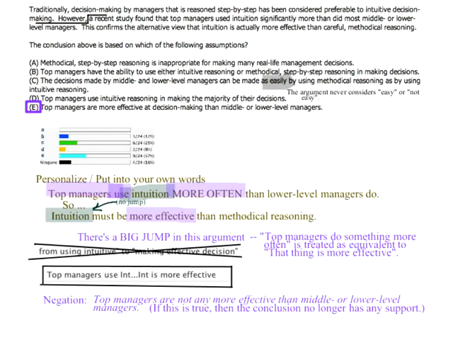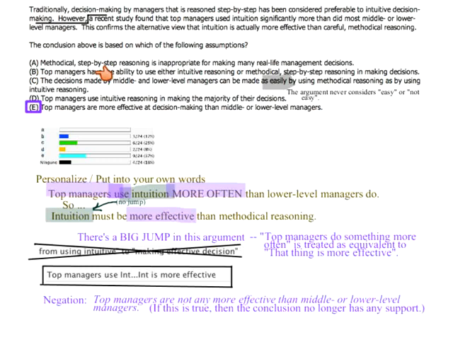And then as far as B goes, B basically says that they have a choice between the two. And what's interesting here is they don't necessarily have to have a choice. Let's try negating choice B. A negation of choice B basically says that top managers don't have a choice in when to do these things. So they have to use intuition when they have to, and they have to use methodical reasoning when that's necessary.